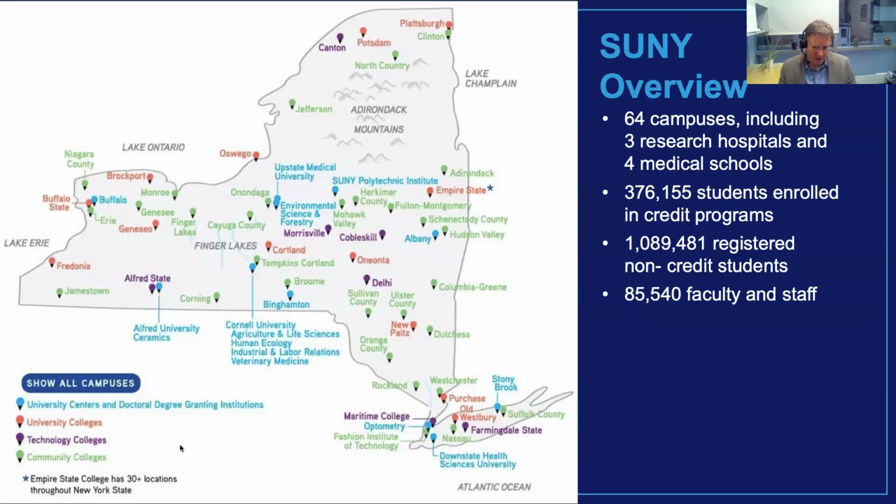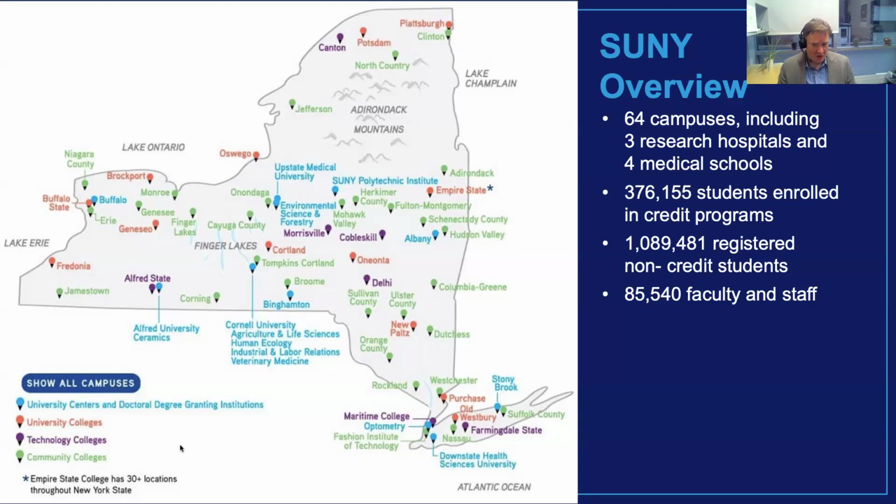So we have 30 community colleges, a number of what we call technical schools, which are generally outgrowths of historic agricultural technical schools, university colleges, which are comprehensive colleges, many of whom are an outgrowth of historic teachers colleges. And then we have our university centers, from R1s to other doctoral degree granting institutions.